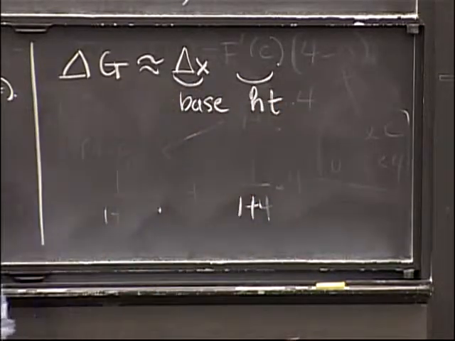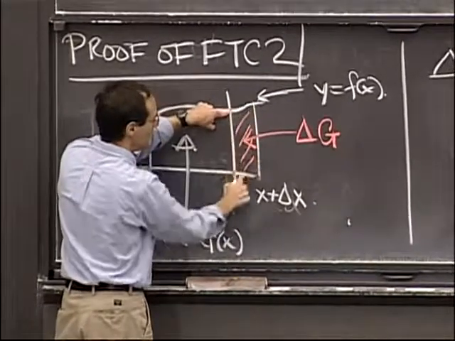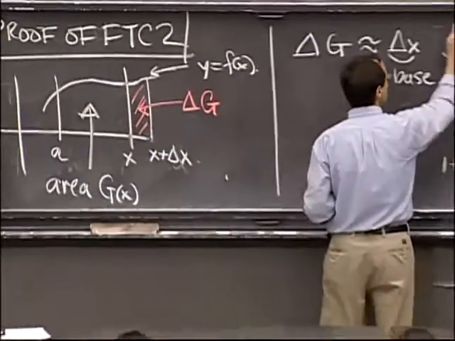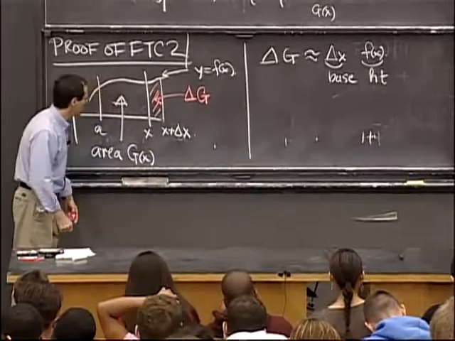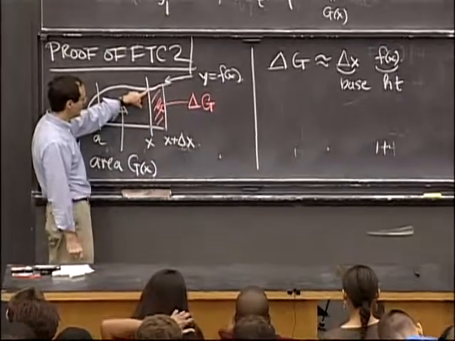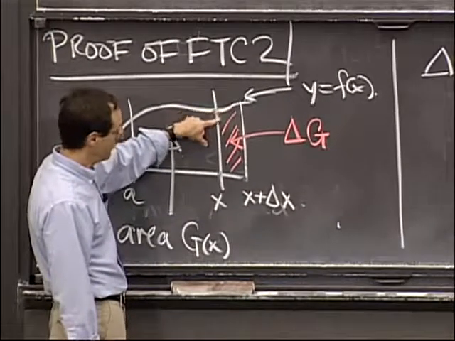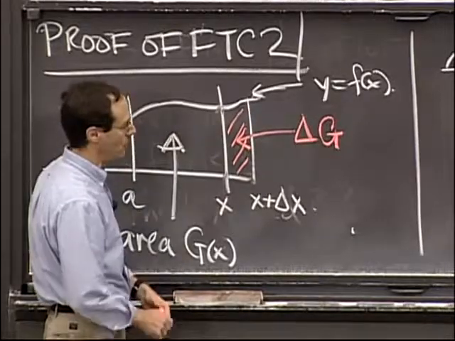But what is the height? Well, the height is maybe either this segment or something in between, but they're all about the same. So I'm just going to put in the value at the first point. That's the left end there. So that's this height here is f of x.